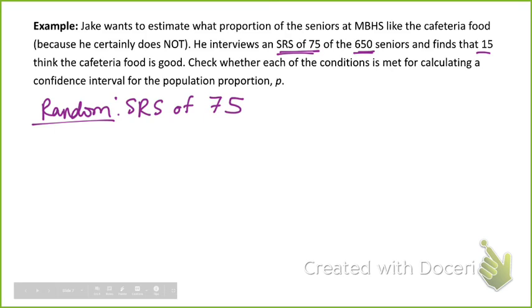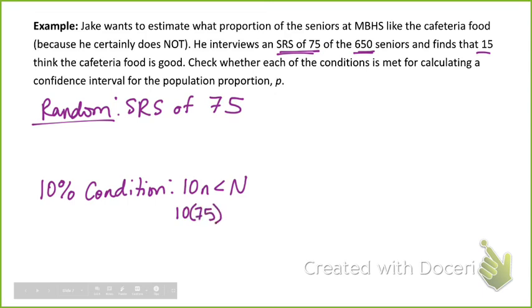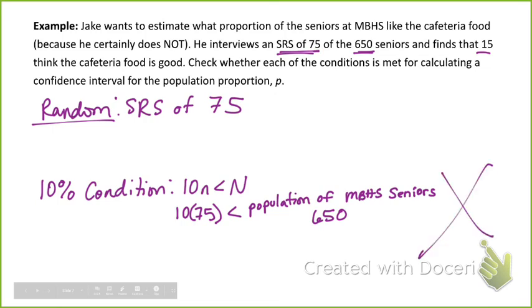You're going to have 15 and 60, both of which are greater than 10. 10% condition. 10 times n has to be less than the population. 10 times 75 has to be less than the population of MBHS seniors, which the problem told us is 650. Is this one true? This fails, you guys.